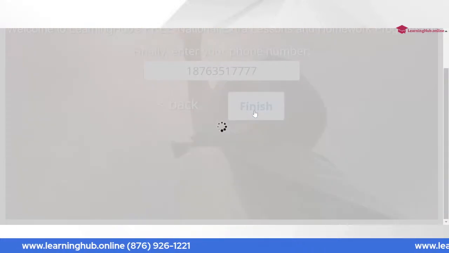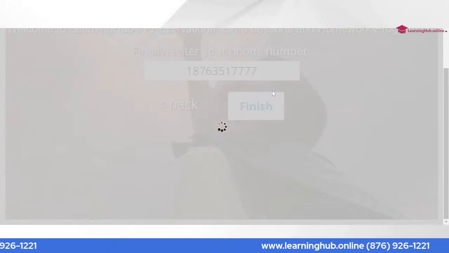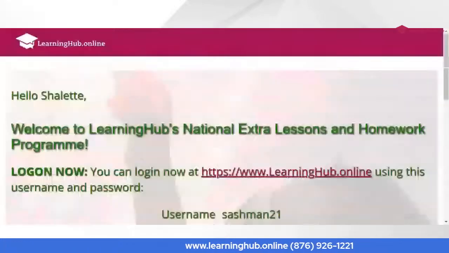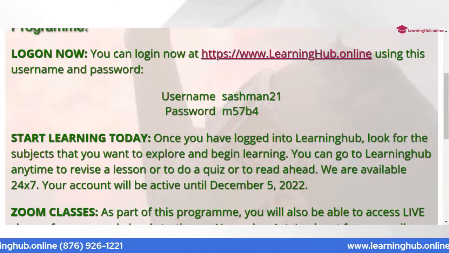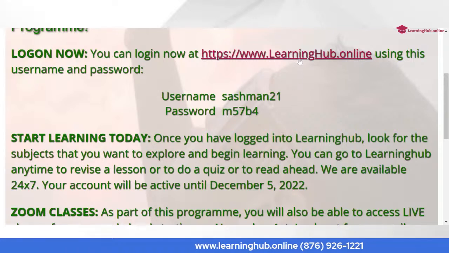Click finish. All right, guys, it is that simple to sign up for the Learning Hub National Extra Lessons and Homework Program. As you sign up, you'll get your username. See my username, guys, sashman21, and this is my password. I could simply click here to sign into the Learning Hub.